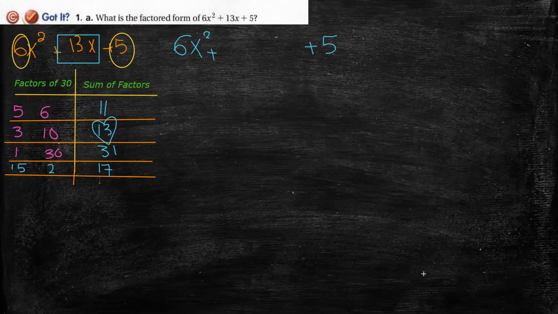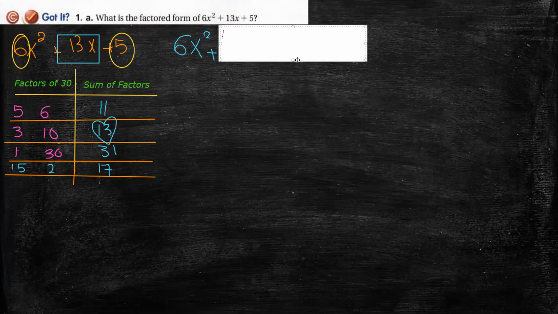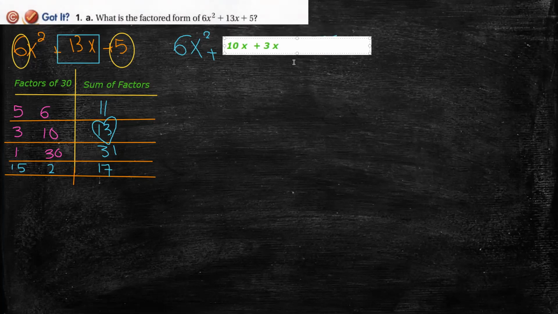I do not want to rewrite it as 13. I want you to rewrite it with the new two numbers. What will these new numbers be? It will be 10x and 3x. These are now the two numbers. If you add them, you get 13. So they are 10 and 3.